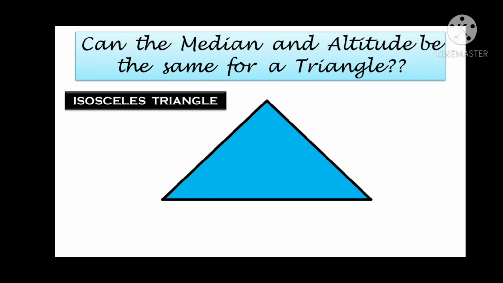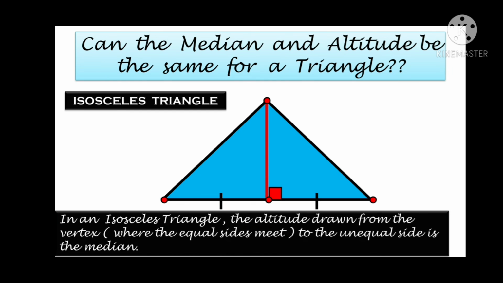Now in an isosceles triangle, what happens? Let us drop a perpendicular. Now here we can see when you drop a perpendicular, it will bisect the opposite side. Bisect means it divides into 2 equal parts. So the opposite base is divided into 2 equal parts. So in an isosceles triangle also, the altitude is drawn from the vertex, where the equal sides meet, to the unequal side, as you can see here in the base.